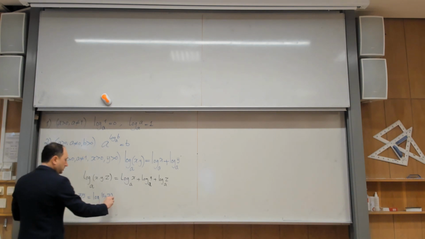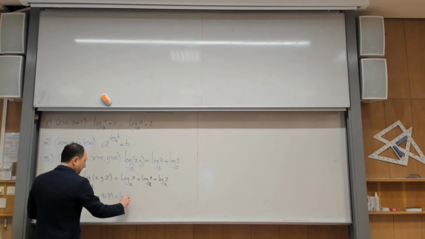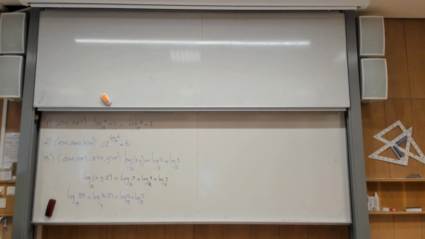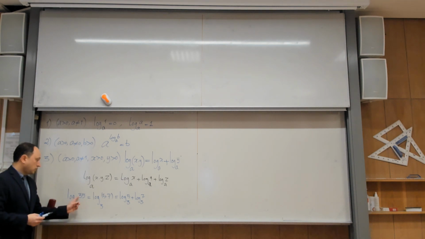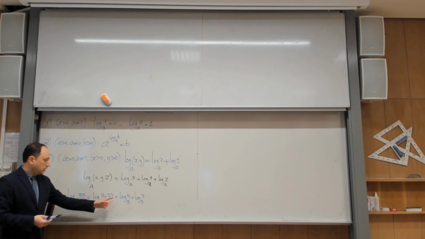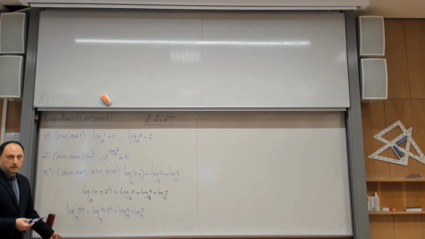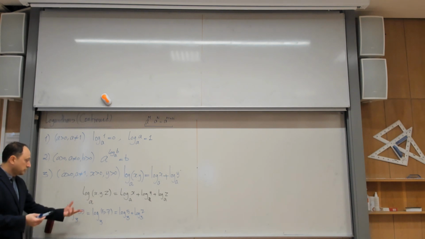And then you can write it as log of 5 in base 3 plus log of 7 in base 3. I want you to understand that this equality is actually true, based on this property. But sometimes, of course, this is useful because you can simplify.